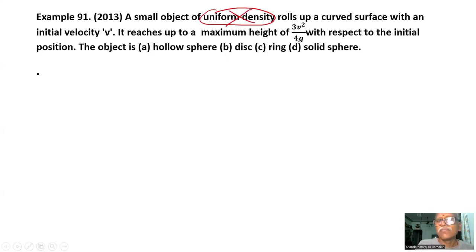These are all to confuse you. A small object rolls up a curved surface with an initial velocity v. So on the curved surface, a small object of uniform density goes up like this with an initial velocity v.